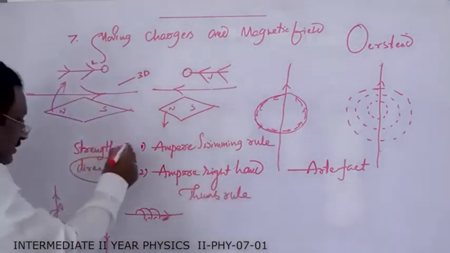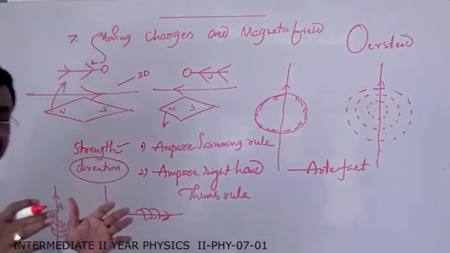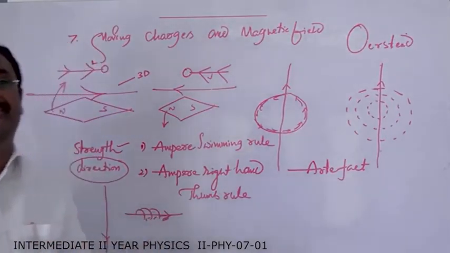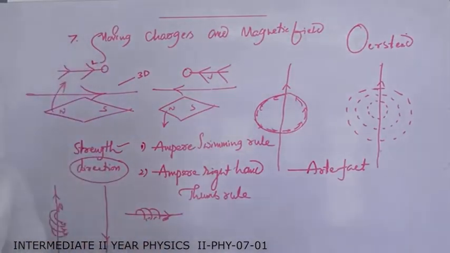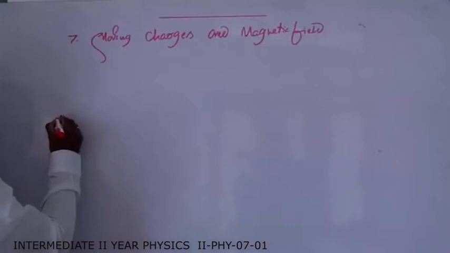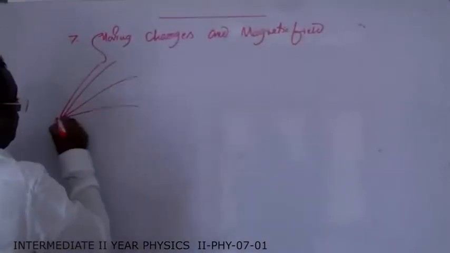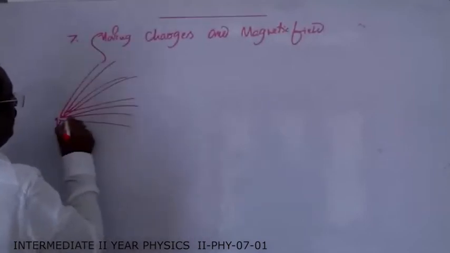Now, the strength. In general, to know the nature or strength of the magnetic field, we use the field lines. Take a charge. So these are the field lines.